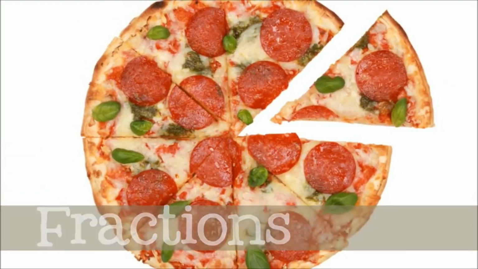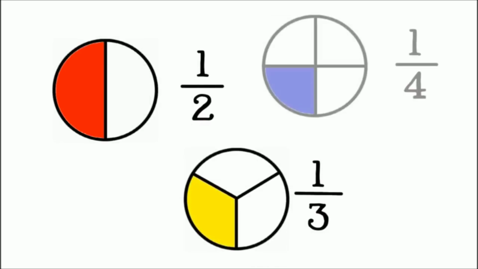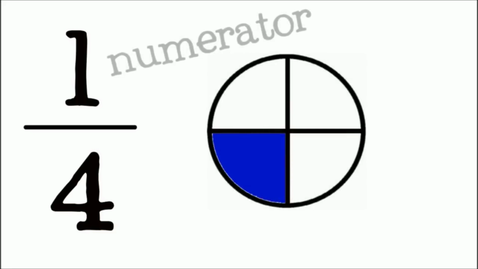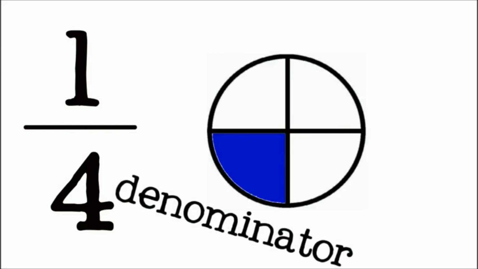Let's learn how to write fractions in figures or words. 1/2, 1/3, 1/4. This is numerator 1, 4 is denominator. In the circle, one part is shaded, so we will write it as numerator, and total parts are 4. So this is denominator, 1/4.